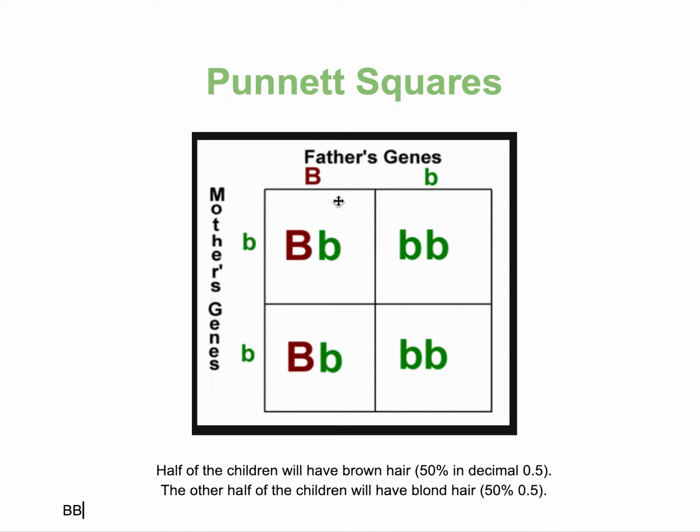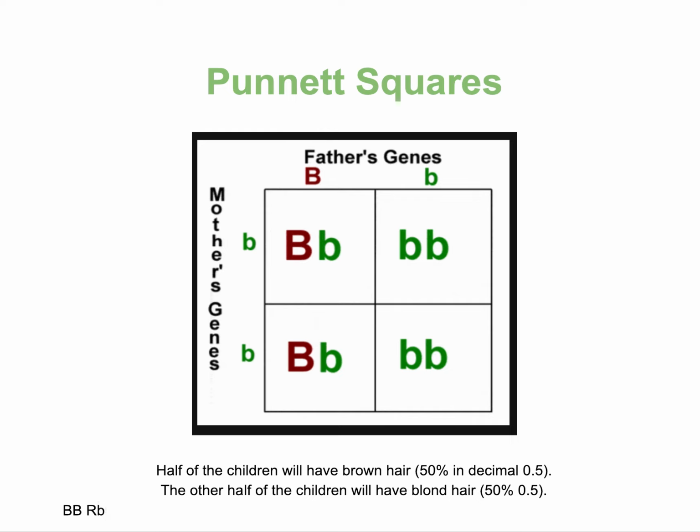And so there's no way for the kid to get two uppercase B's, right? Or, for example, say R represents red hair, you could never get a child with these parents that is R lowercase b.